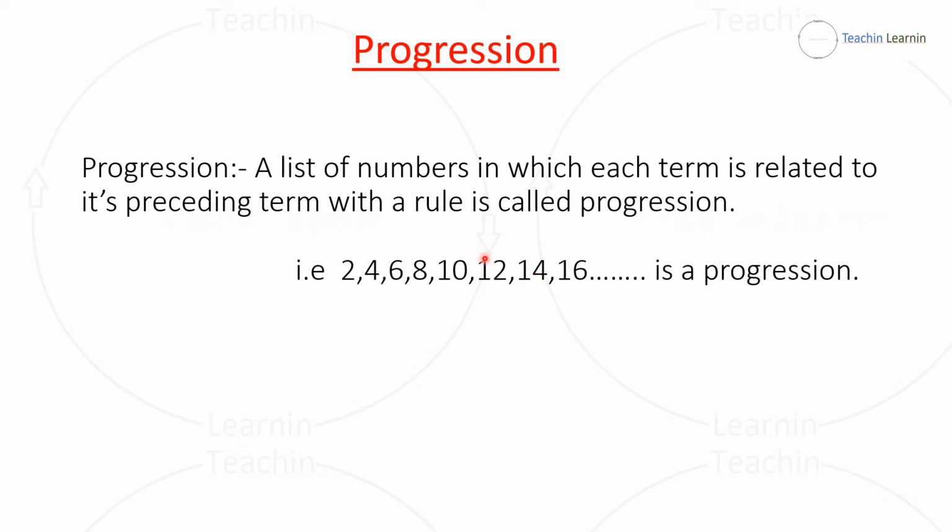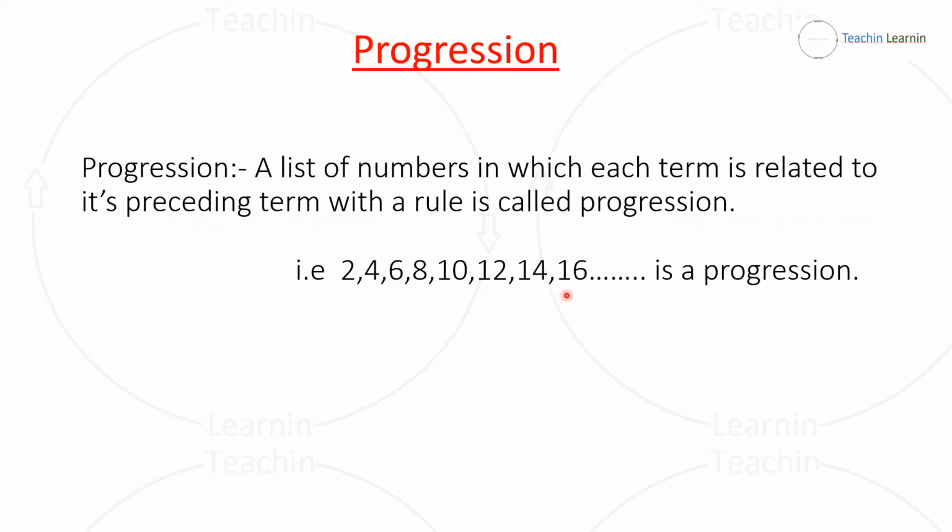Now you can see that 4 can be obtained by adding 2 to its previous number. 6 can be obtained by again adding 2 to its previous number 4. 8 can be obtained by adding 2 to its previous number 6, and so on.